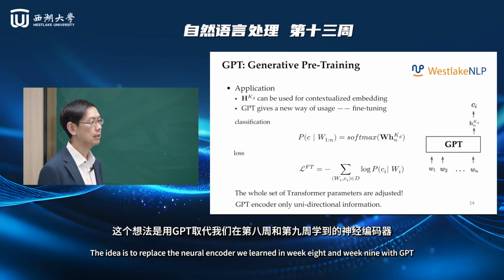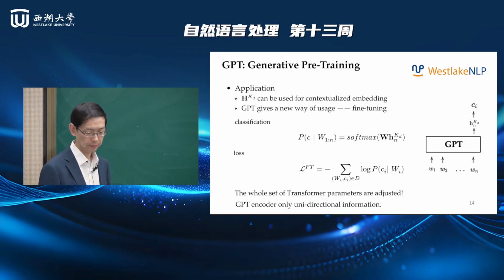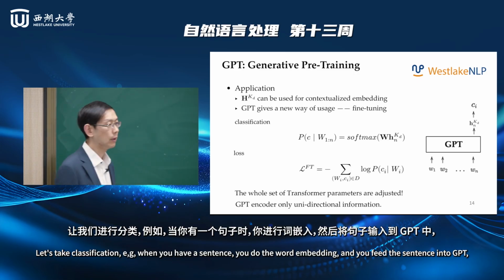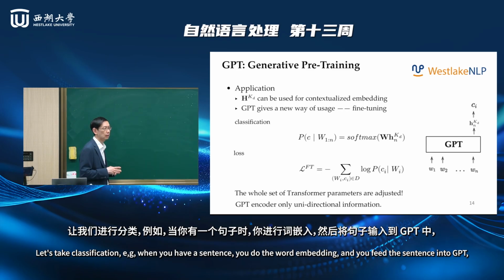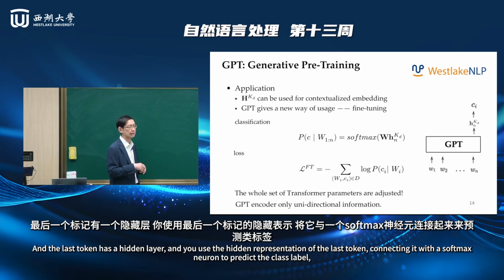The idea is basically to replace the neural encoder we learned in week 8 and week 9 with GPT. Let's take classification for example. When you have a sentence, you do the word embedding, and you feed the sentence into GPT. The last token has a hidden layer.